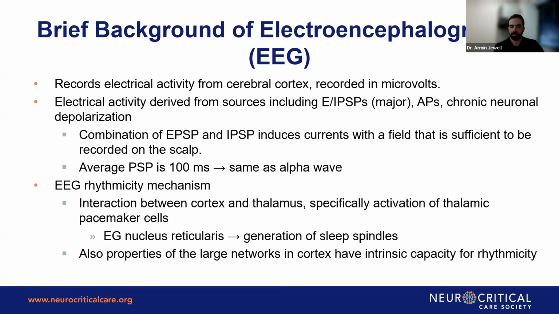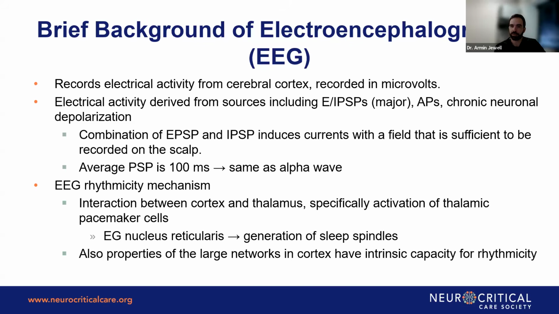So briefly, this may be kind of review for a lot of people here, but I just want to give a brief background on electroencephalography, or EEG. This is a recording from the cerebral cortex, recording the electrical activity that comes from the cortex in microvolts. The activity has a lot of different sources. The main ones are these things called E and I PSPs, which are postsynaptic potentials.